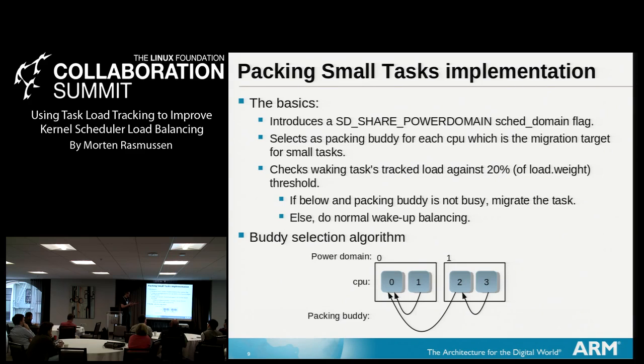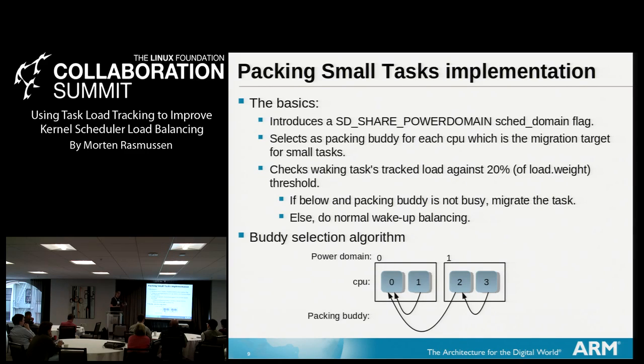So all the small tasks will be packed towards the left until CPU 0 is too busy to accept more small tasks. In that way, we try to pack them together, and if we manage to get rid of all the small tasks from both CPU 3 and CPU 2, then that power domain can be completely powered off.